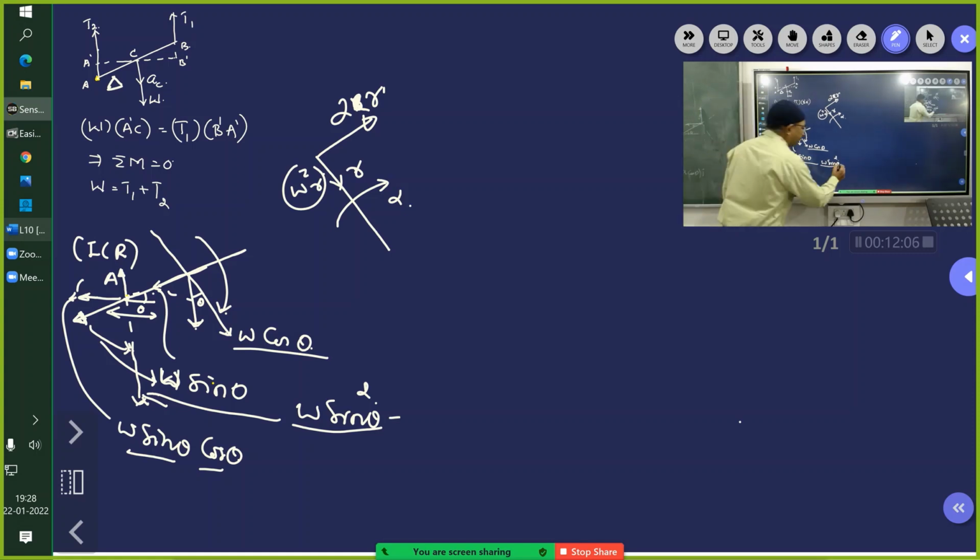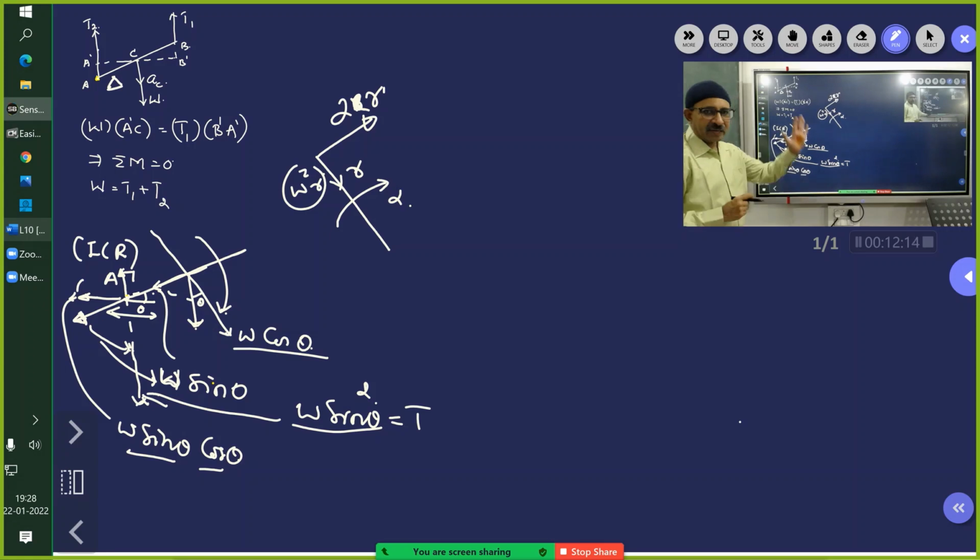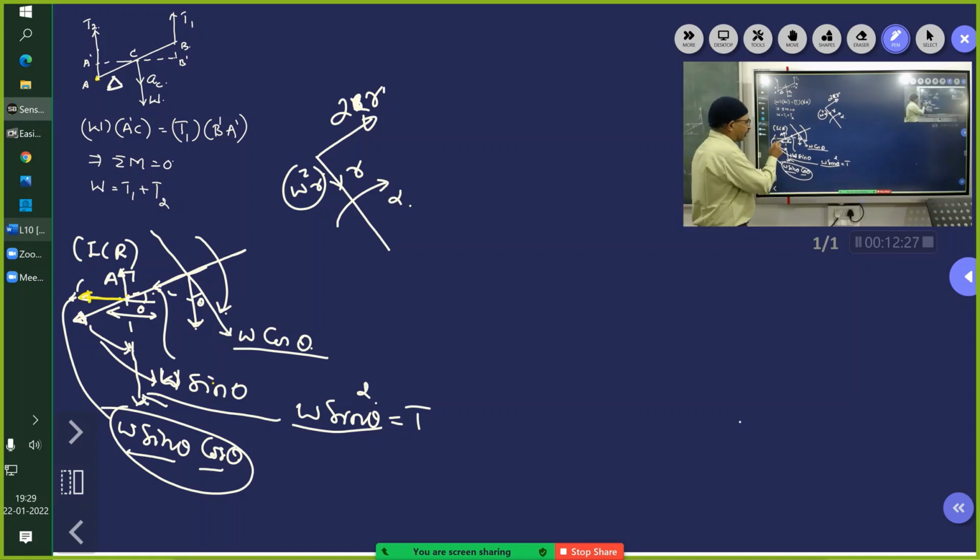And this W sin square theta will be balanced by the tension in this string. Therefore, the vertical acceleration of point A is arrested. It is for sure. But now W sin theta cos theta will become an unbalanced force, and as a consequence, you can expect this to accelerate leftwards.